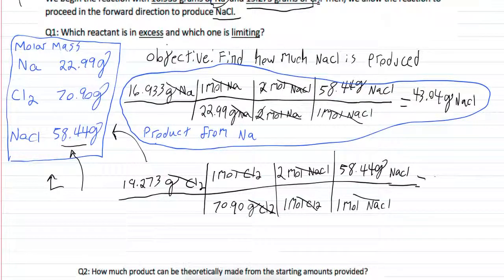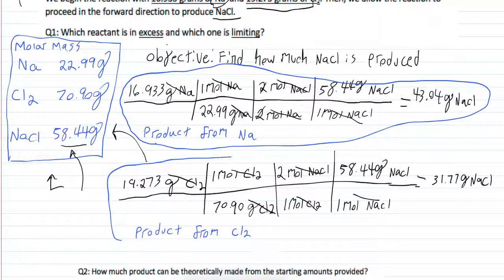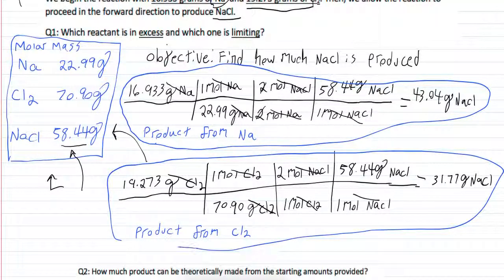And that gives you 31.77 grams of NaCl. Now you go back and you label what you just did. Product from Cl2. And you circle it. Circle it, highlight it, mark it up somehow so that you can find it and know what it is that you did, what it means.